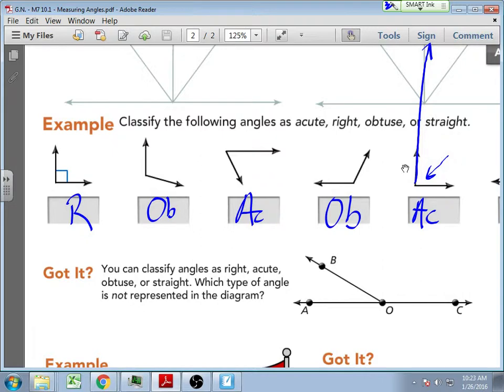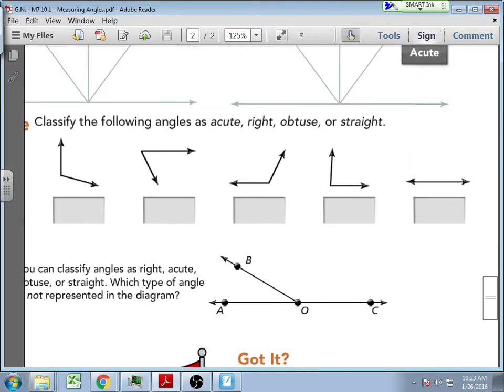Yeah, if it's got the square in the corner, you know it's a right angle. And my last one here, straight angle. It's not an angle. Well, it is. If there's a vertex in the middle, it is an angle, but it's a straight angle. So it would go from here to here.